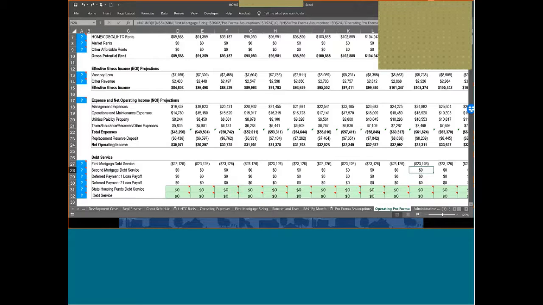So it's not enough to address the slings and arrows of outrageous fortune, as it is on a larger property. In other words, a 1.20 debt cover on a big property may produce $50,000 of cash flow, and on a small property may produce $3,000 of cash flow. And you've got to get to a number that you can work with.